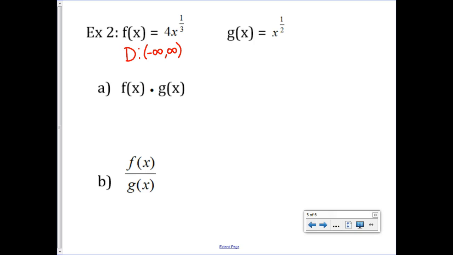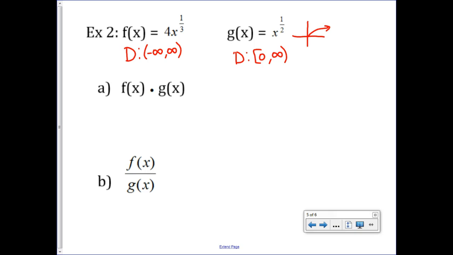But if we're looking at real values on our graph with our g of x, x to the 1/2 is the same as the square root of x. We're never going to put a negative value into there to get a real value out. So our domain is going to be 0, and we can include 0 because it's okay to take the square root of 0, all the way up to infinity.